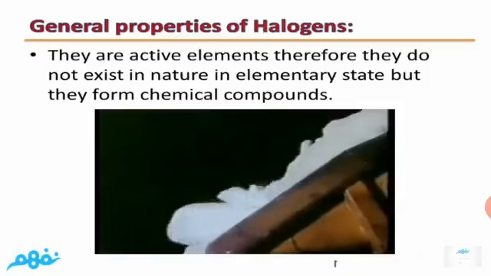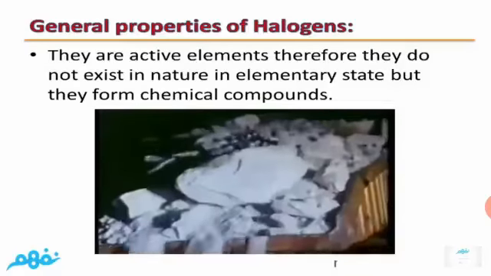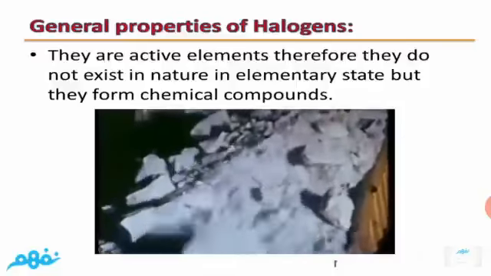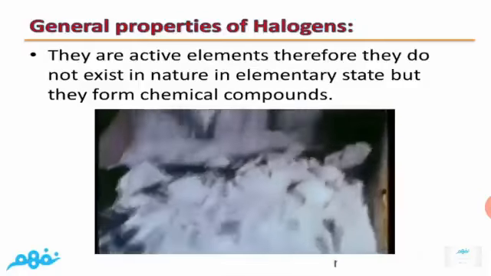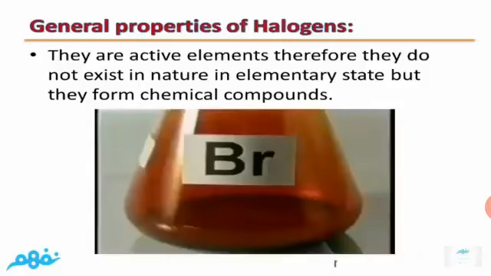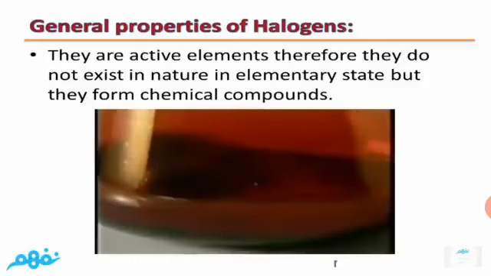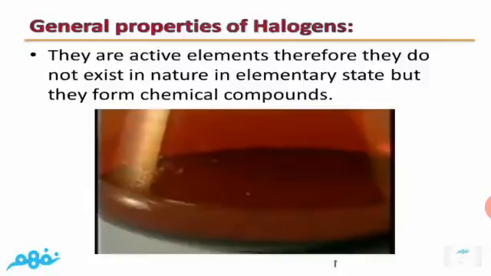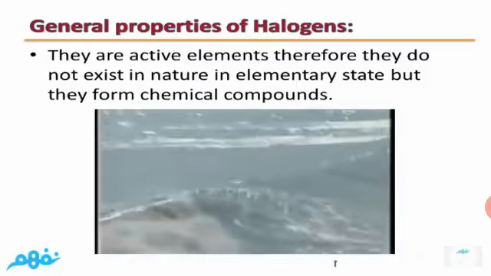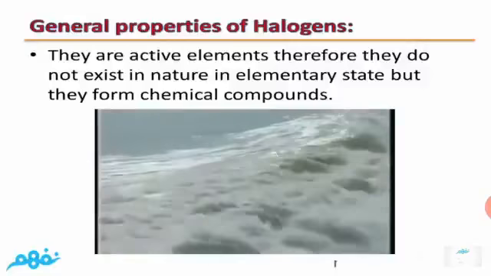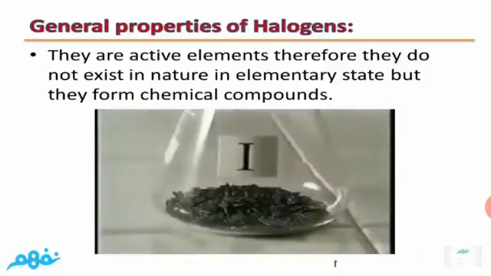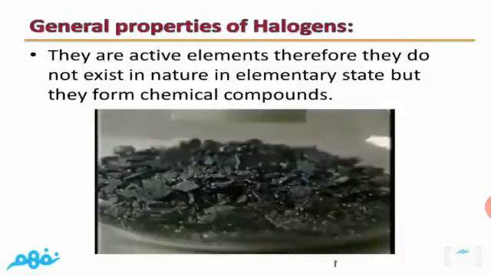For example, you can find chlorine in the form of sodium chloride NaCl, which is table salt, found in the water of the sea. Also, bromine is never found as Br2 liquid, while it is found in the form of sodium bromide, which can also be found in the water of the sea. The same is true for iodine.